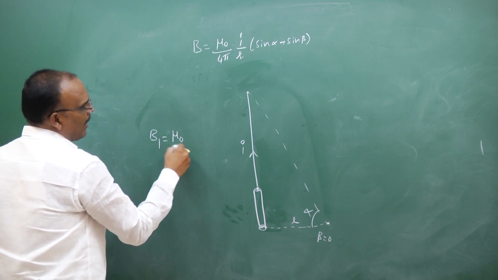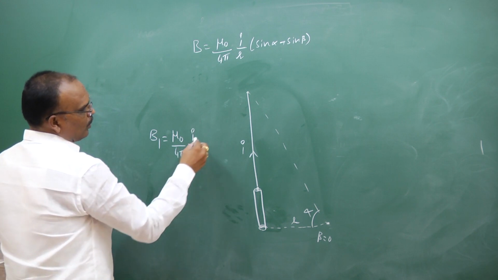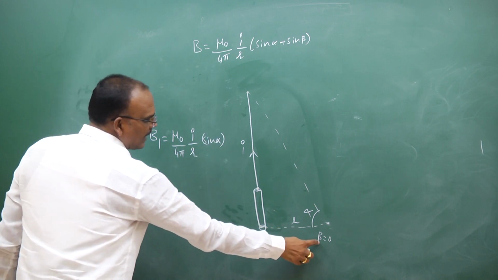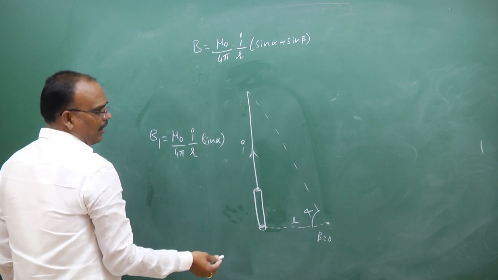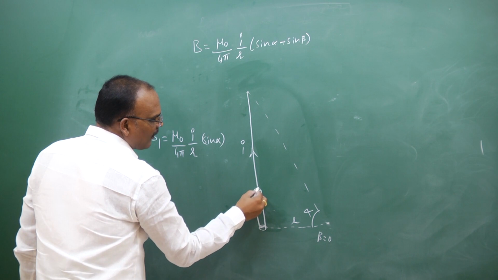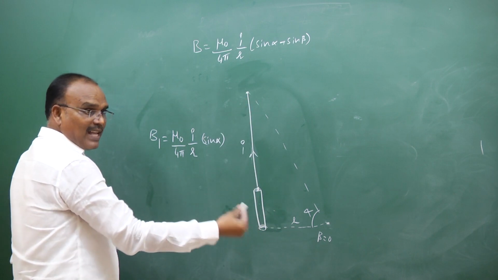That is mu naught by 4 pi into I by R into sine alpha. That's it, because sine 0 is 0. So this is due to the entire conductor. But what the problem asks is to calculate the magnetic field from here to here only. This is the additional conductor we have imagined.